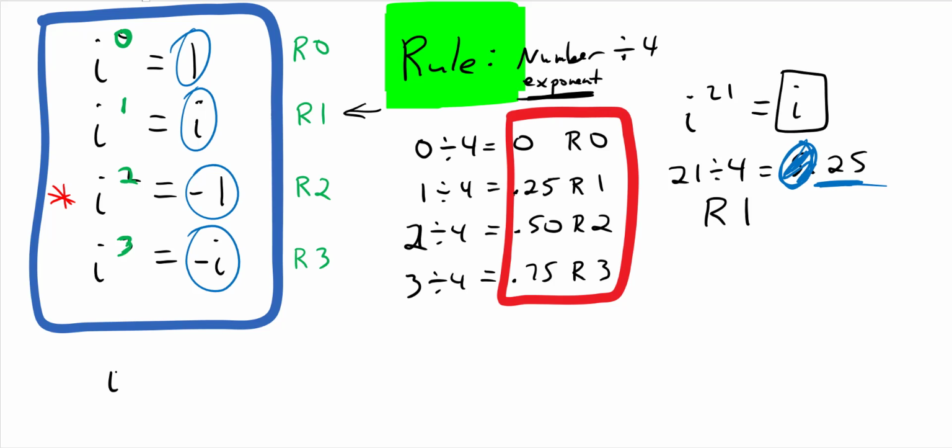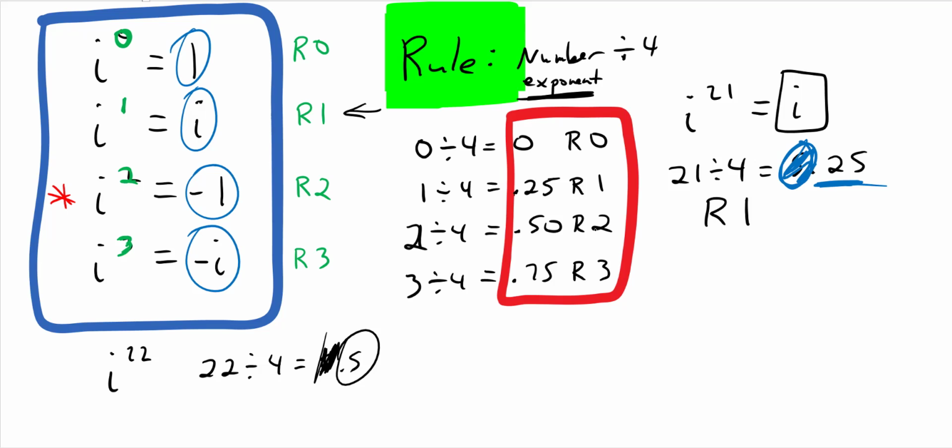If I said i to the 22nd power, you're going to do 22 divided by 4, and you're going to get 5.5. Okay? I don't care about the 5. I only care about the 0.5. What is the remainder? It's a remainder of 2. And think about it.